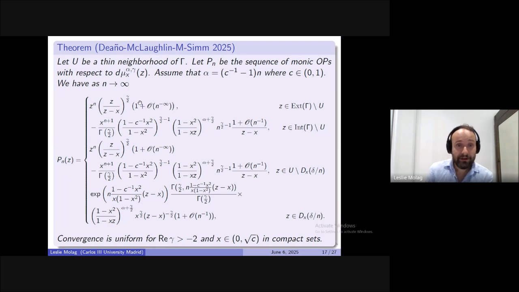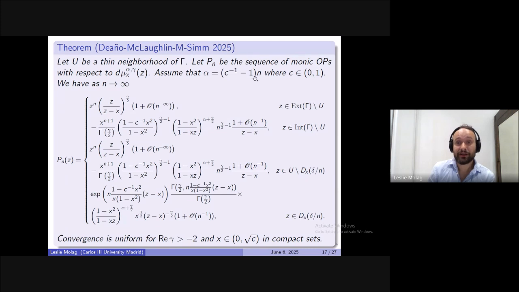And again, with both these behaviors, we can see that these expressions actually can't become zero. So the only conclusion then is that the zeros of the orthogonal polynomial have to be in this thin neighborhood U of the curve gamma. And if you do have a zero, then z to the n should be of the same order as x to the n times this factor here to the power alpha plus gamma over 2.